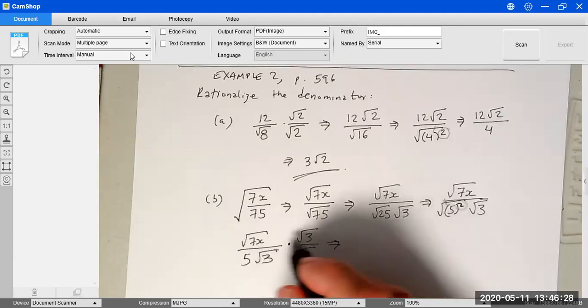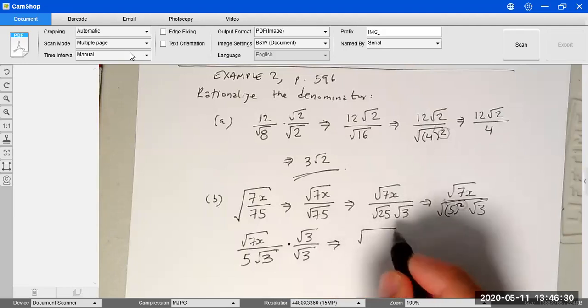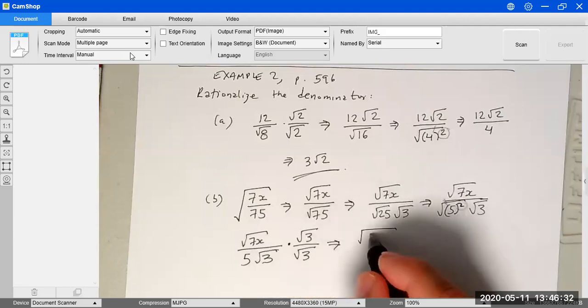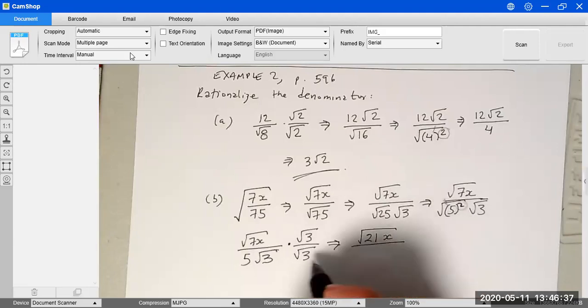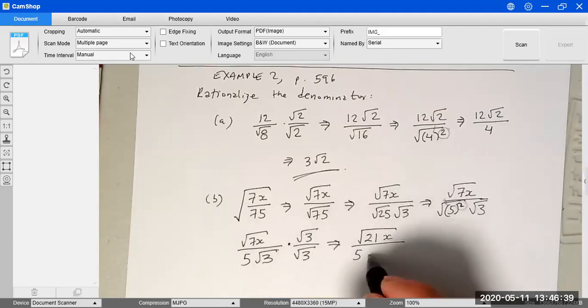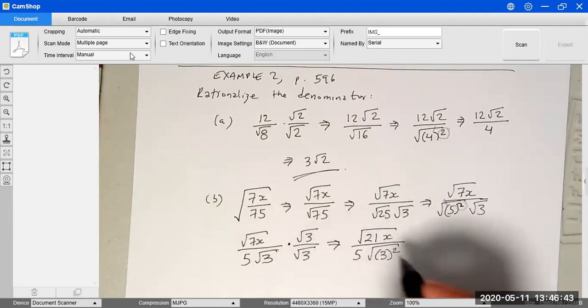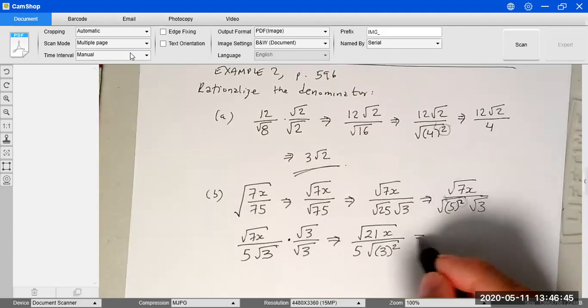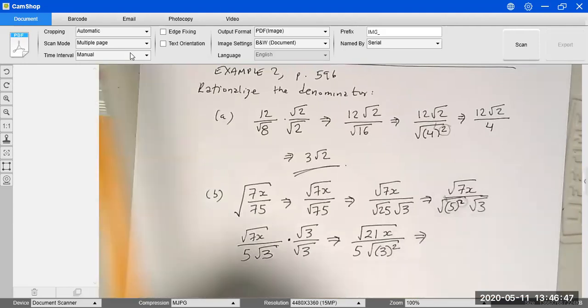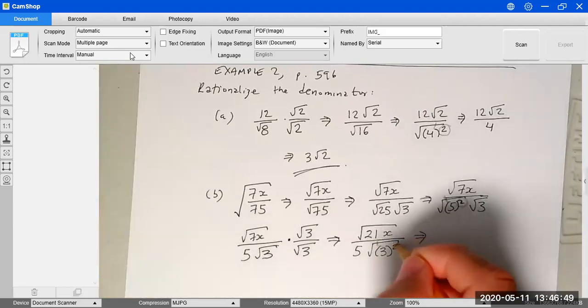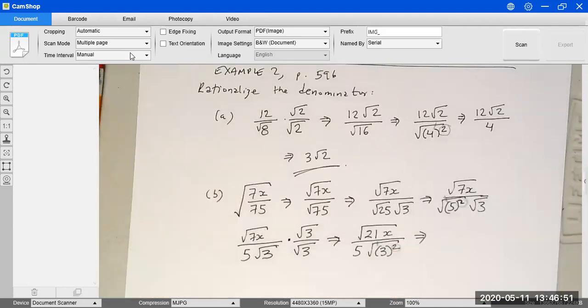So now the numerator is going to be 3 times 7, which is 21x. The denominator is 5 times the square root of 3 times 3, which is going to be 3 squared. Then we can cancel the radical and the exponent.